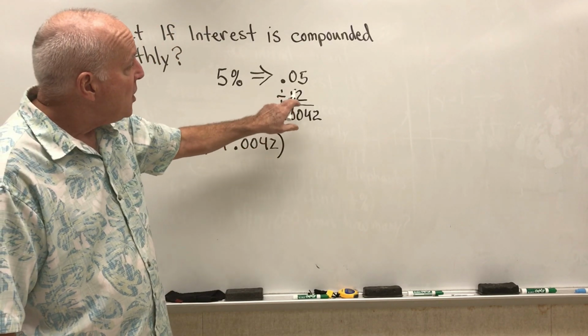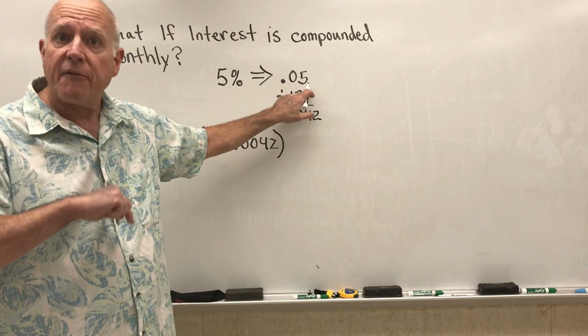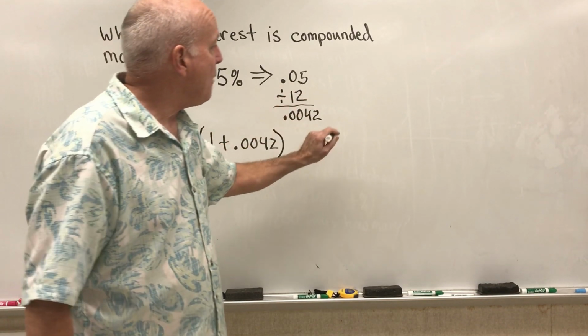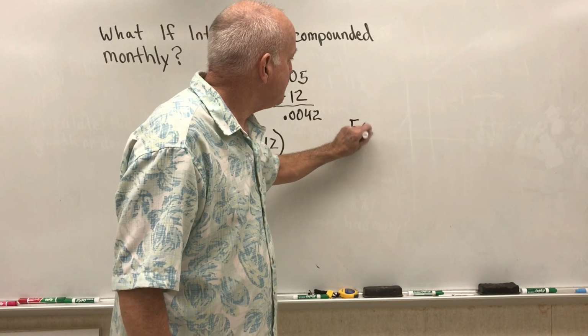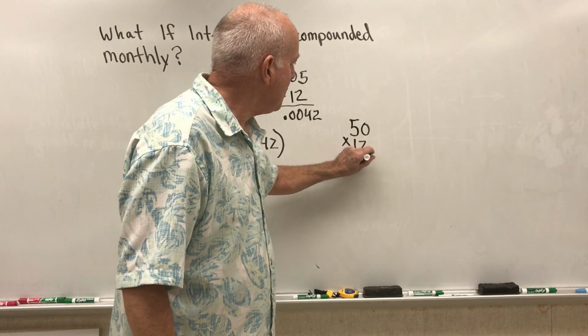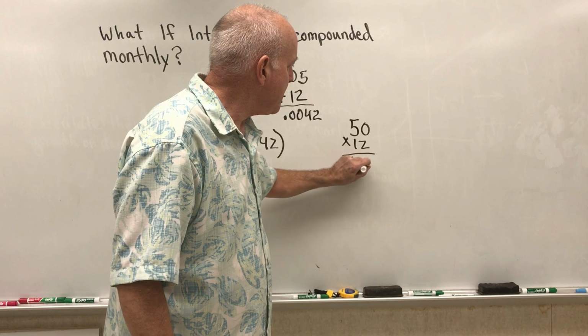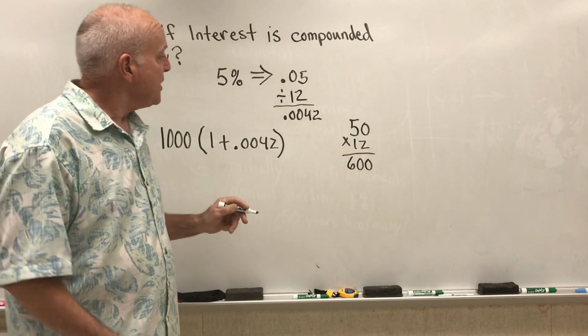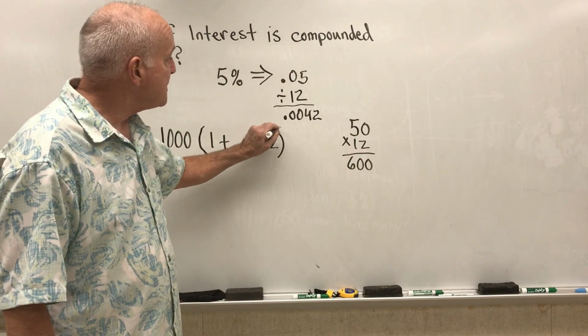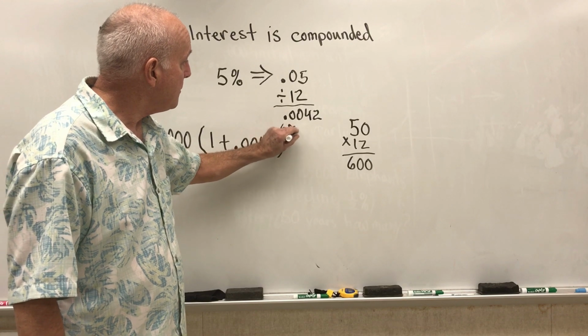Now, we have 12 months in every year, but we left the money in for 50 years. So now we've got 50 times 12, or 600 periods of compounding. So this is going to be raised to the 600th power.